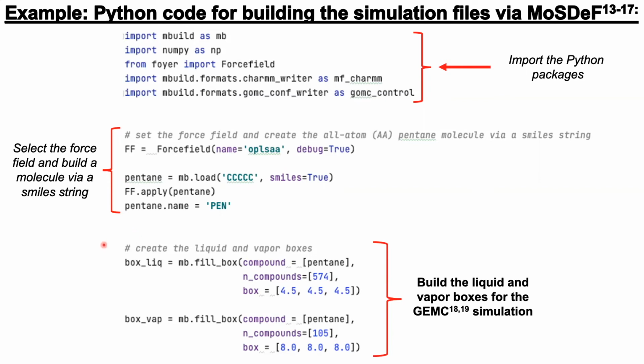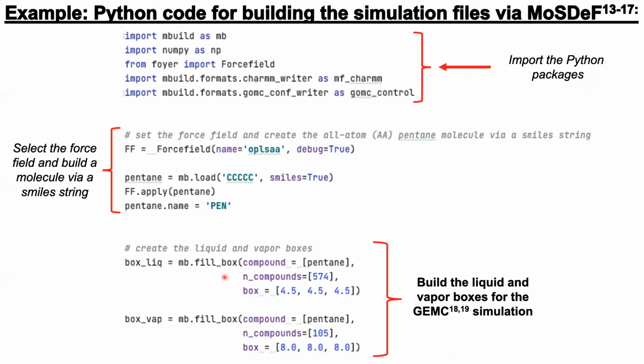Now, in this case, we're going to run a Gibbs ensemble simulation or GEMC simulation. So we're setting up to do a liquid vapor equilibrium. In this case, we're going to build a liquid and vapor box initially with pentane. And to do that, we're going to select the compounds, a number of compounds.